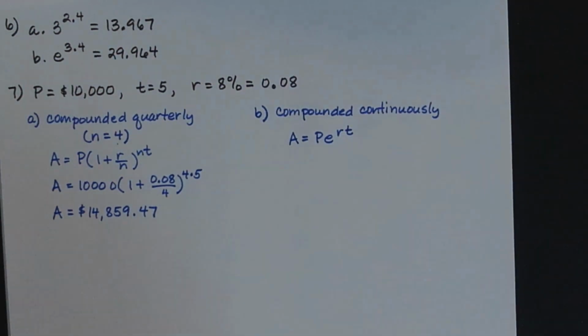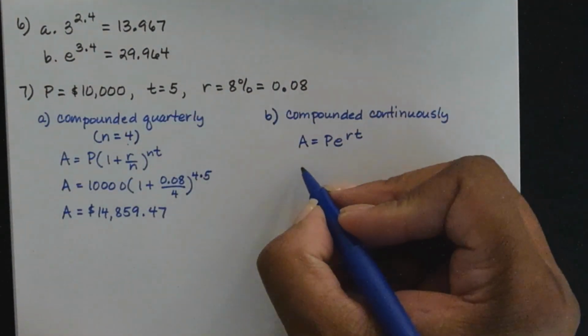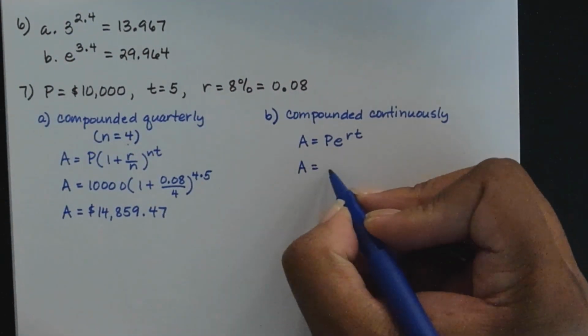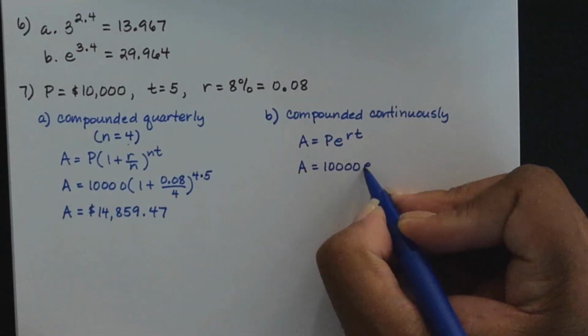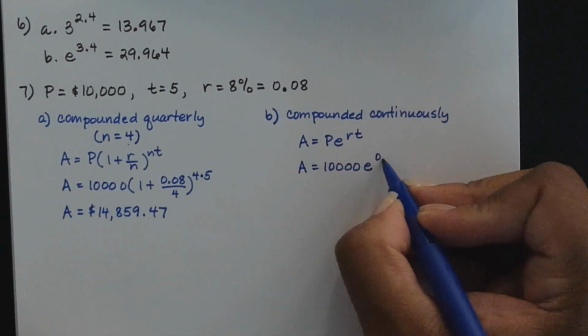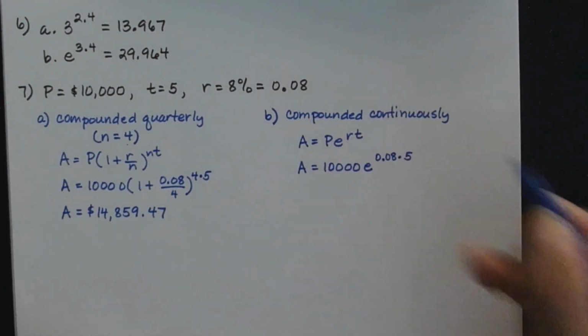That's the one with the natural base e in it. A is equal to P times e to the rt. And then we just substitute P with 10,000 times e to the r, that's 0.08, times t, which is 5.